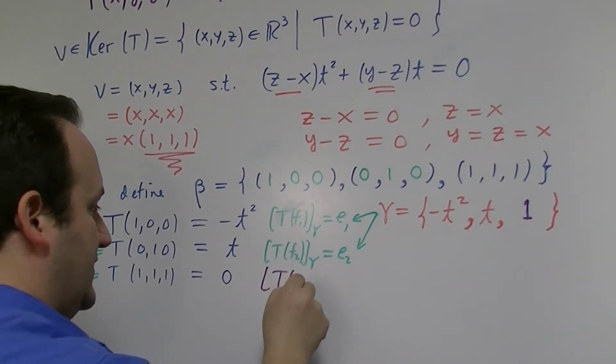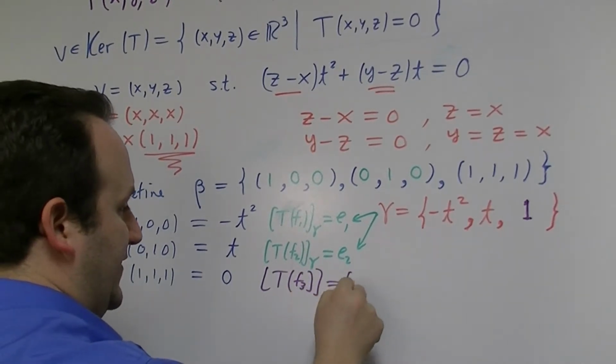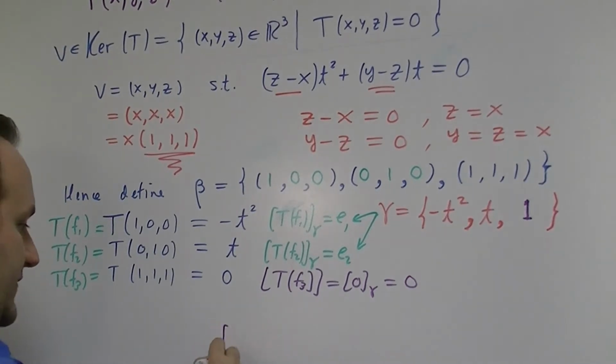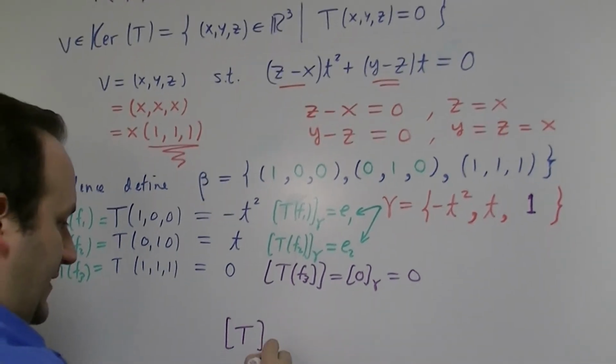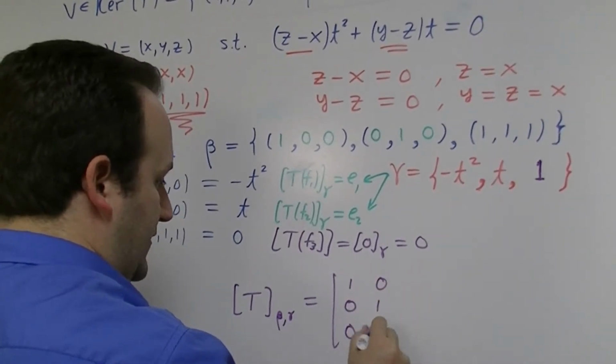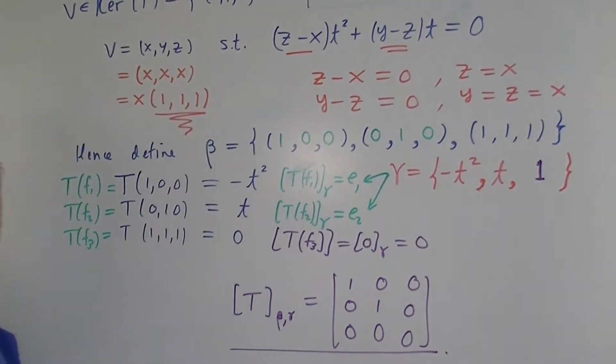T of f3, of course, however you slice gamma, is 0. And then the matrix of T with respect to beta and gamma is 1, 0, 0, 0, 1, 0, 0, 0, 0, as advertised. So that's how to do it for this specific example.